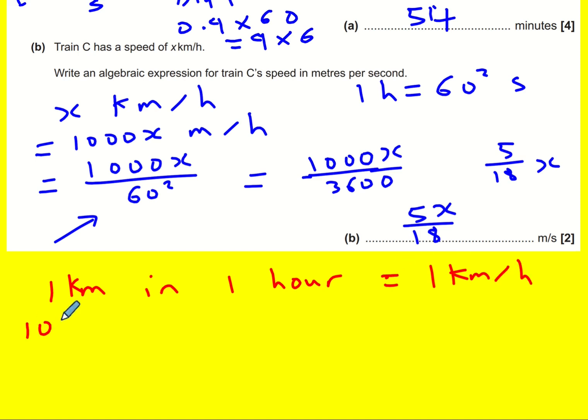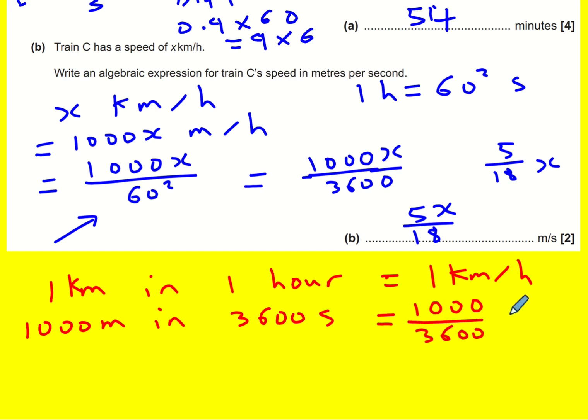That is the same as going 1,000 meters in 3,600 seconds. I talked about how 1 hour was 60 squared seconds above. So that would be 1,000 meters divided by 3,600 seconds. I'm using speed equals distance over time here. I'm just trying to show you again why we are dividing by 3,600, and that would be 5 over 18.